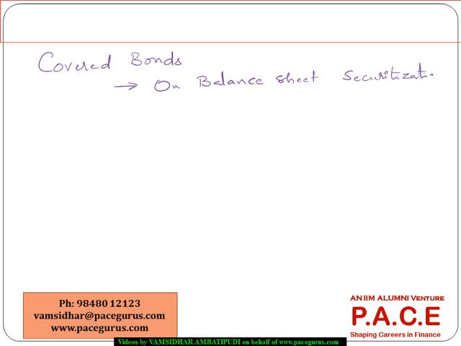When I say on balance sheet, all we are doing is, let's say a bond has been issued, and to secure this bond, a set of mortgages is segregated from other loans, separated from other loans on the balance sheet.